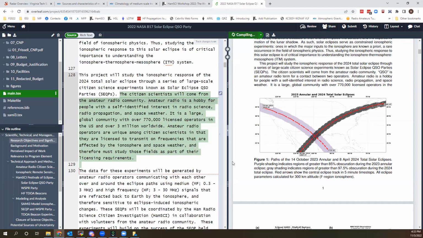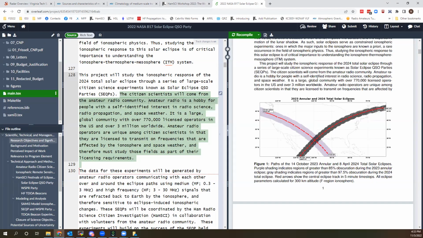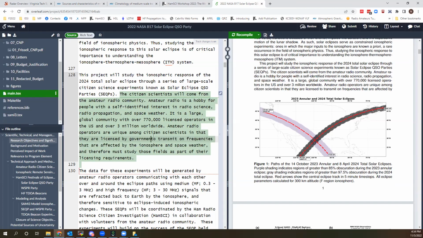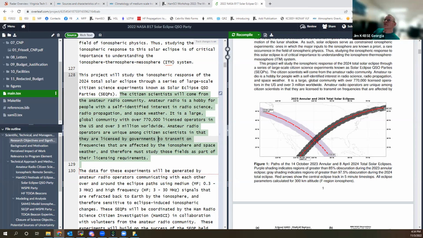One little addition, Nathaniel: that they are licensed to transmit on frequencies. They are licensed by governments to transmit on frequencies. Okay, because a license could be a state license, but it's licensed by governments. They are licensed by the FCC. Oh, perfect. Well, even better, except that some are not licensed by the FCC.